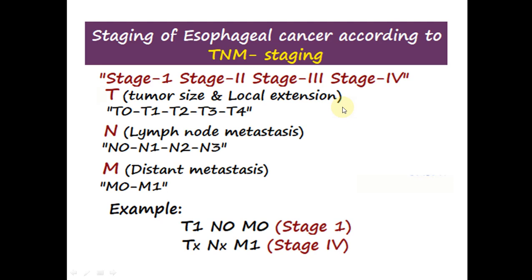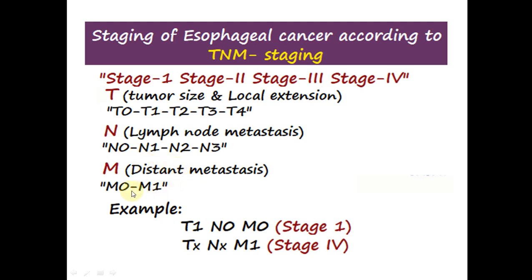By N, we mean the lymph node metastasis, whether the tumor has metastasized into the lymph nodes or not. So according to the involvement of the lymph nodes, we divide this into N0, N1, N2, and N3. While the M means metastasis to distant organs.